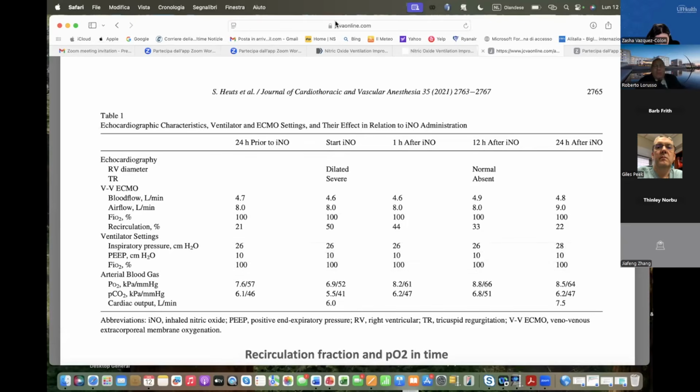So just to give you a very immediate idea that NO has really a big potential in our patients, not only regarding the vascular effects, but also in terms of the circuit, as Zasha clearly pointed out, and the pleiotropic effect of NO regarding platelet activation and so forth. The problem is that we have to go deeper.